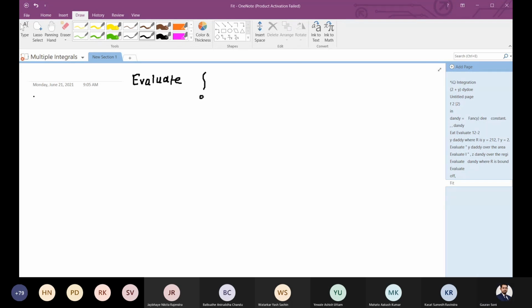Evaluate the integral from 0 to pi by 2, 0 to y, of cos 2y under root 1 minus a square sin square x.